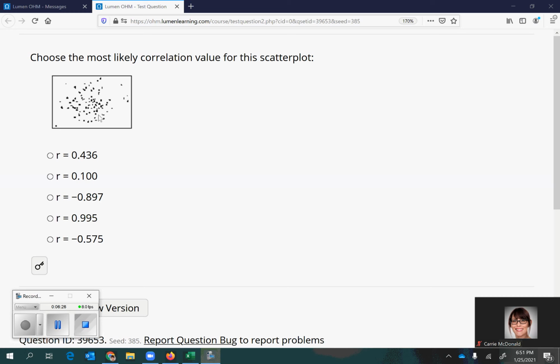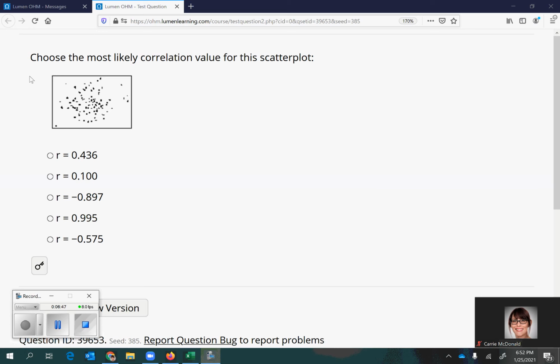So I'm looking for a correlation coefficient that is close to 0. Remember, correlation ranges from perfectly 1 or perfectly -1 and everything in between. And 0 means no linear correlation. So if you have a perfect straight line that is increasing from left to right, then you will have a value that is close to 1.